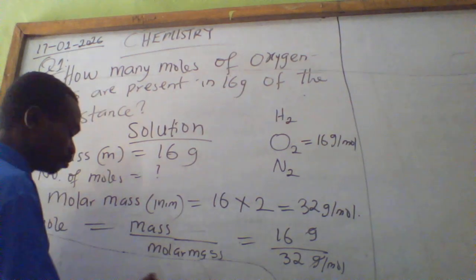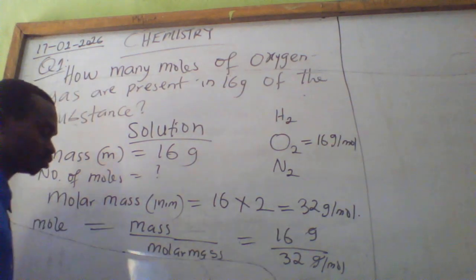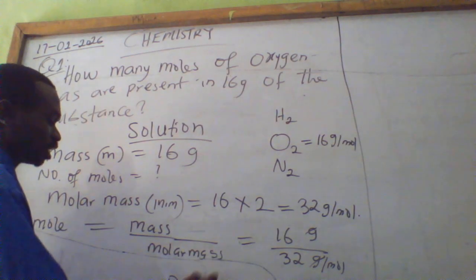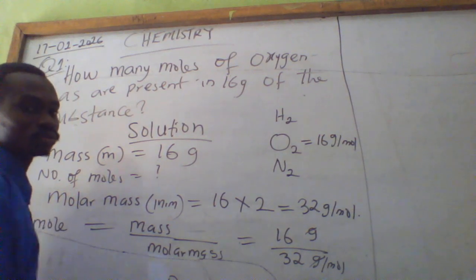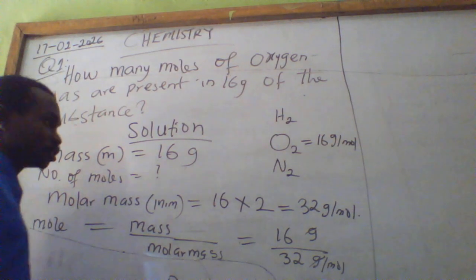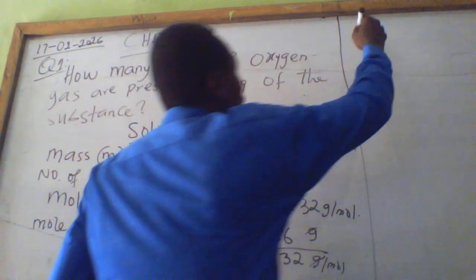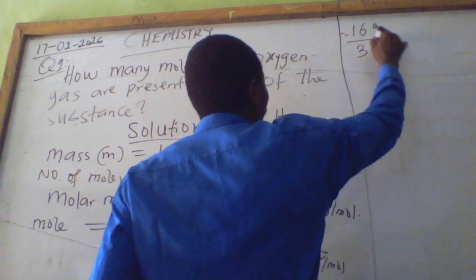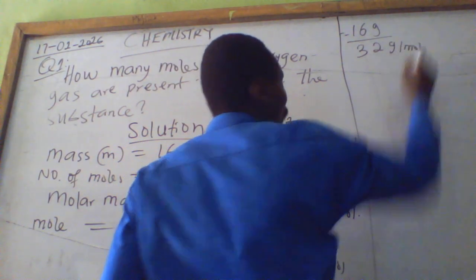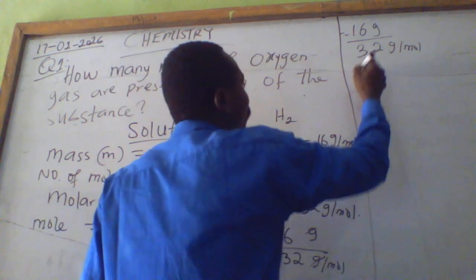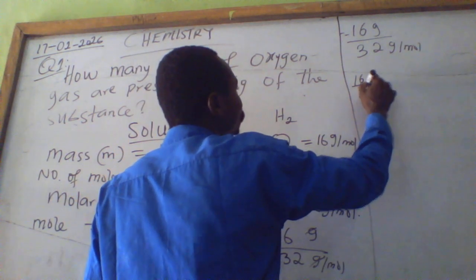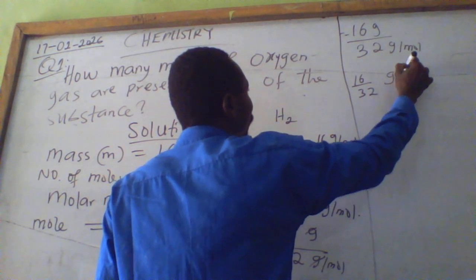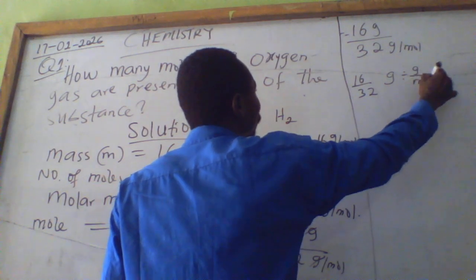So our number of mole, 16 divided by 32, you have 0.5 mole. So you'll be having 16 grams divided by 32 grams per mole. That will be 16 over 32 gram divided by gram per mole.